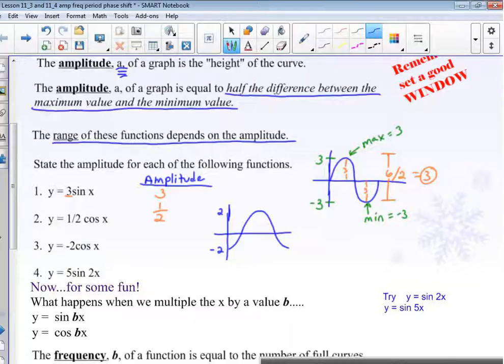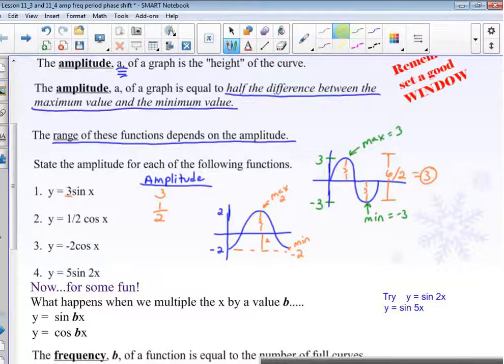So it's been reflected over the x-axis, but I'm looking for the amplitude. So here's that max, which is 2, and here's the min, which is at -2. This distance here, though, is 2, and this distance down to the min is also 2.